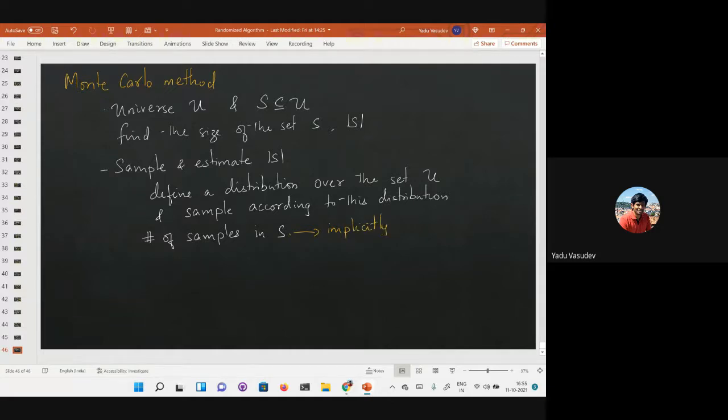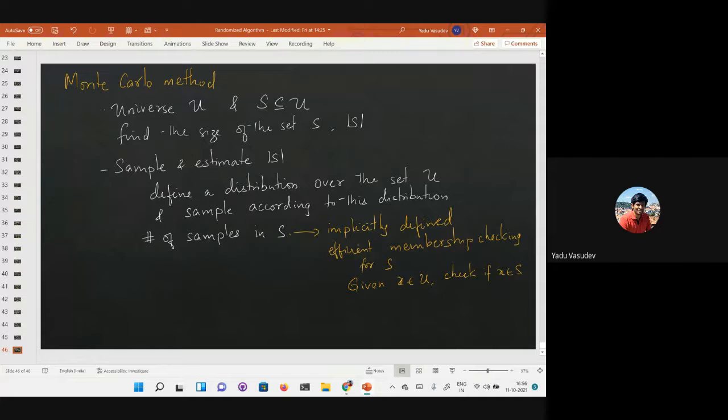For instance, in the case of DNF counting, S is the set of satisfying assignments, and it's implicitly defined, and there is an efficient membership check for S. What does that mean? Given X in U, you can check if X is an element of S. You assume that such a thing is true.